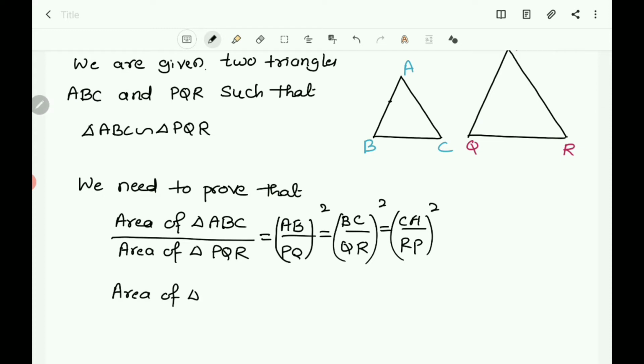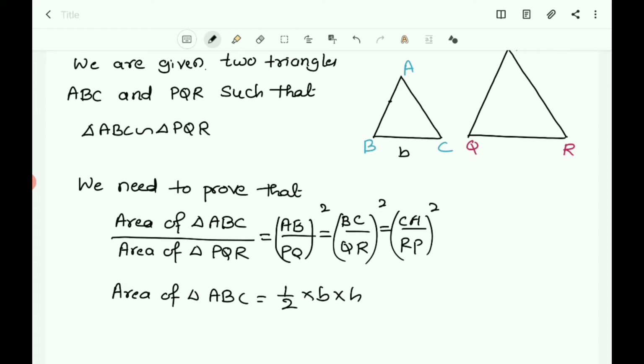Let us have the base BC, and height is required, which means we have to draw the altitude here.